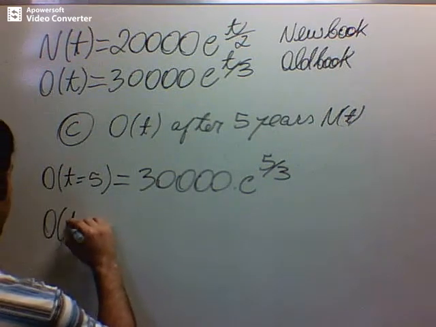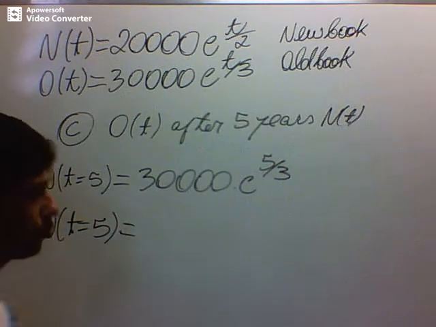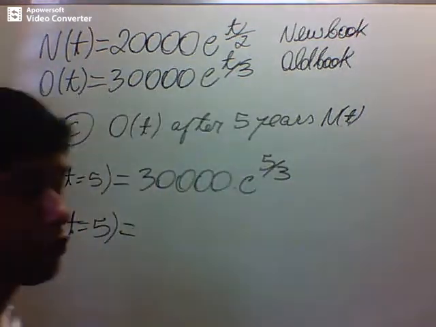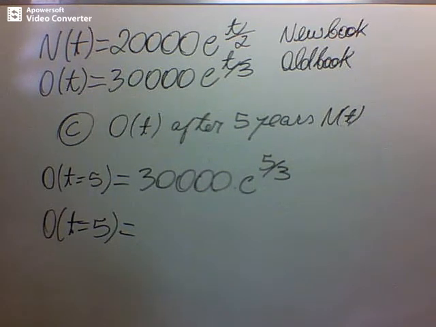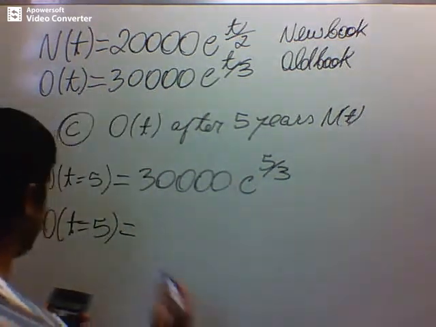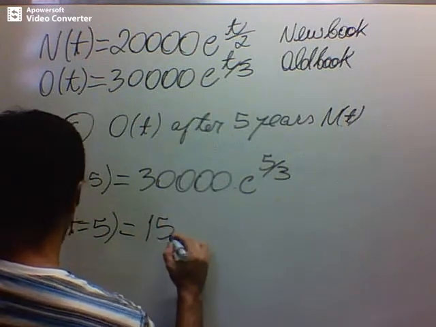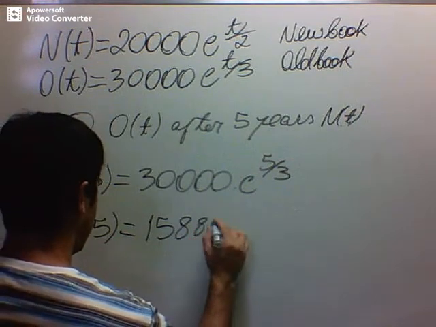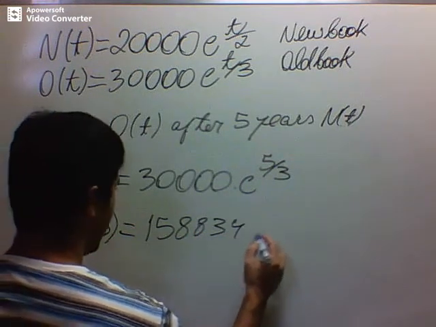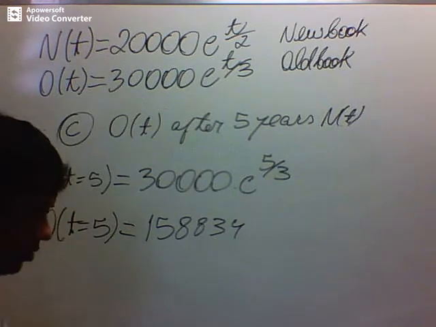I'm going to have to use my calculator. e to the 5 divided by 3 is 5.29, and I multiply that by 30,000, and I find 158,834 users.